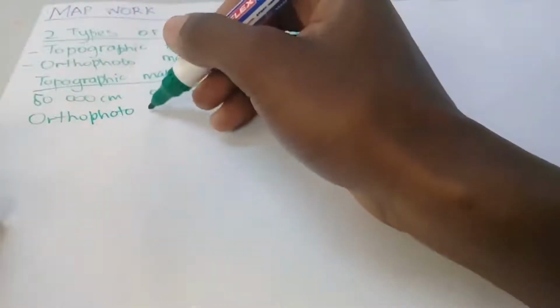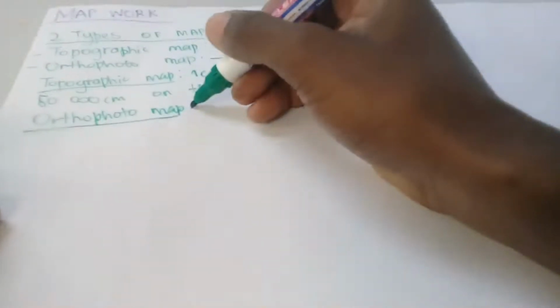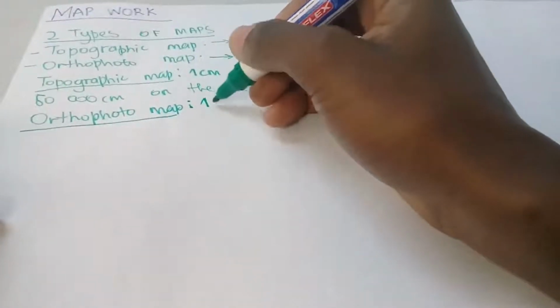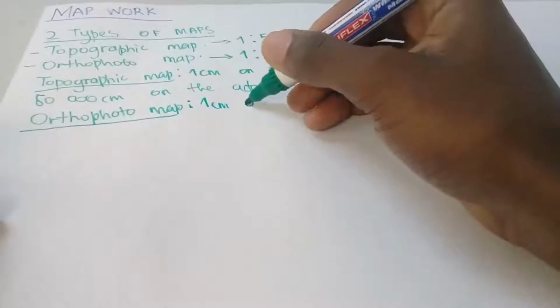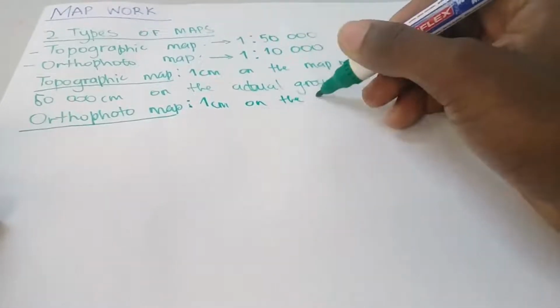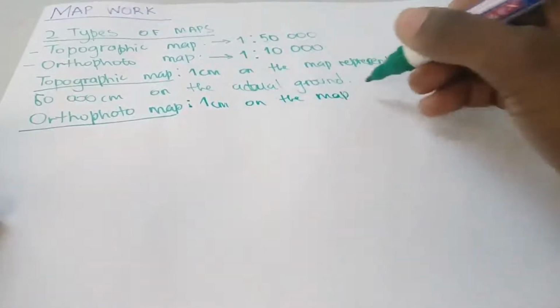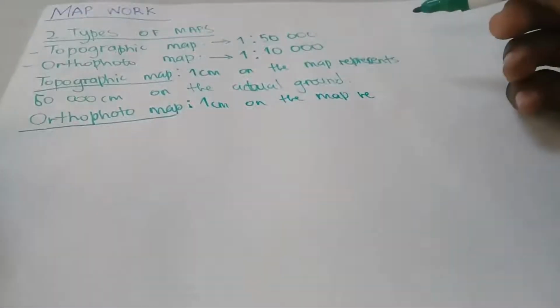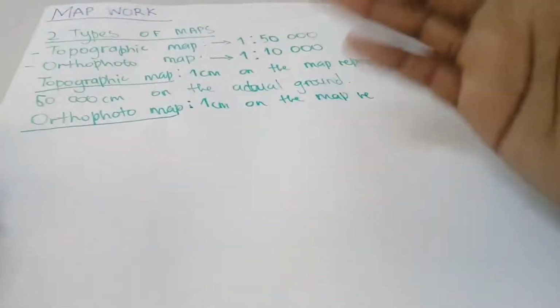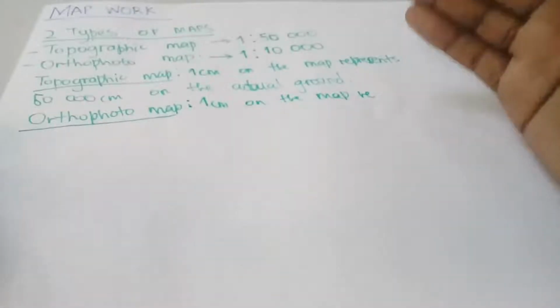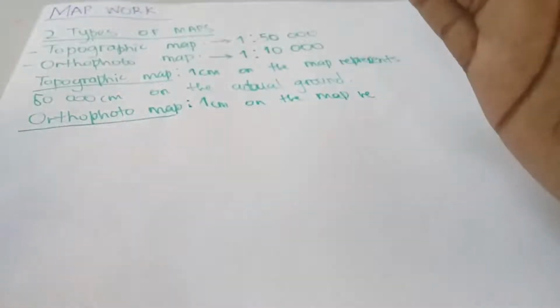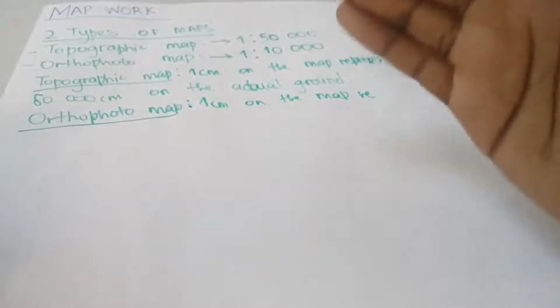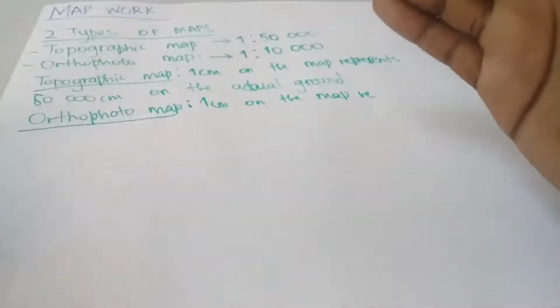For orthophoto map, one centimeter on the map. And mind you guys, the black and the brownish map is the orthophoto map that has the scale of 1:10,000.